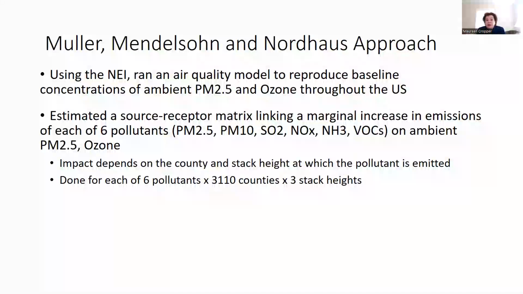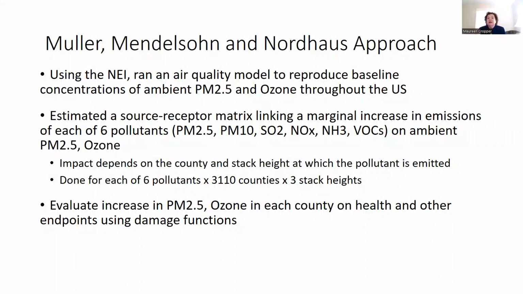The impact of the emissions is going to depend on the county where they are emitted and also the stack height. And so they constructed these source receptor matrices for each of the 6 pollutants for over 3,000 counties and for emissions at 3 different stack heights.